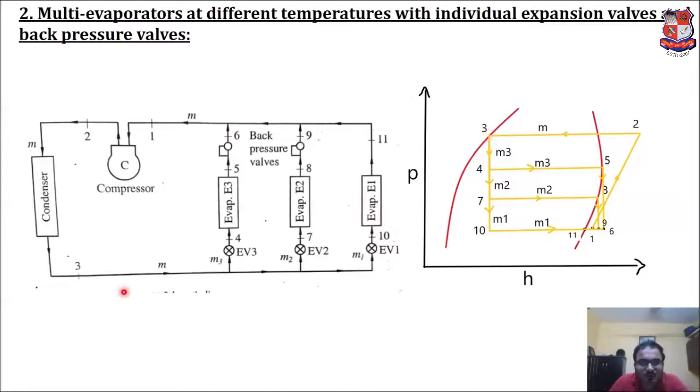So from point 3 to 4 we are having expansion of M3 mass. Then 4 to 5 is evaporation of M3 mass.